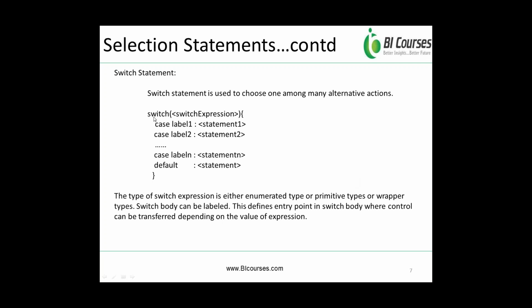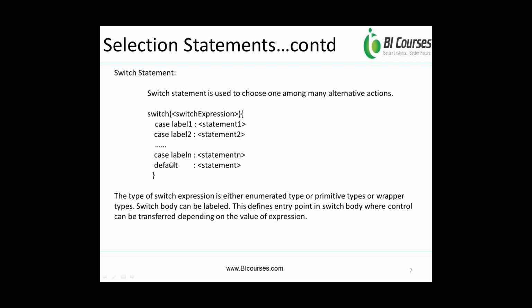Here we'll use the switch keyword and open braces, and a switch expression, and we'll start curly braces here, and we'll also use case. Case label 1 and colon statement, case label 2 statement 2. Like that you can have n number of alternatives, and also a default alternative with a statement.